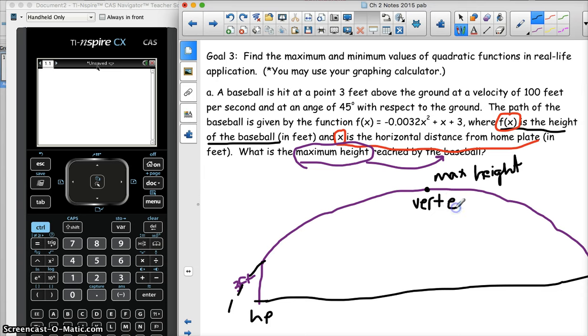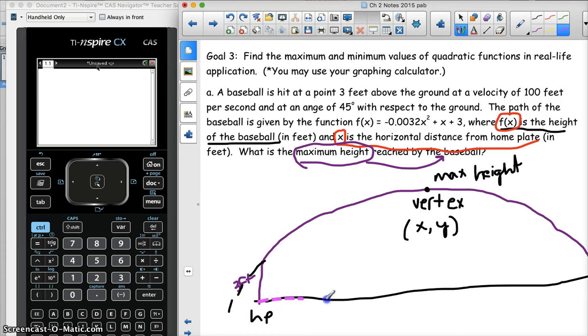Now I know that you know that a vertex contains an x coordinate and a y coordinate, which we also know could be called f of x. So let's look back at our definitions. F of x is the height of the baseball. X is the horizontal distance the ball traveled from home plate.